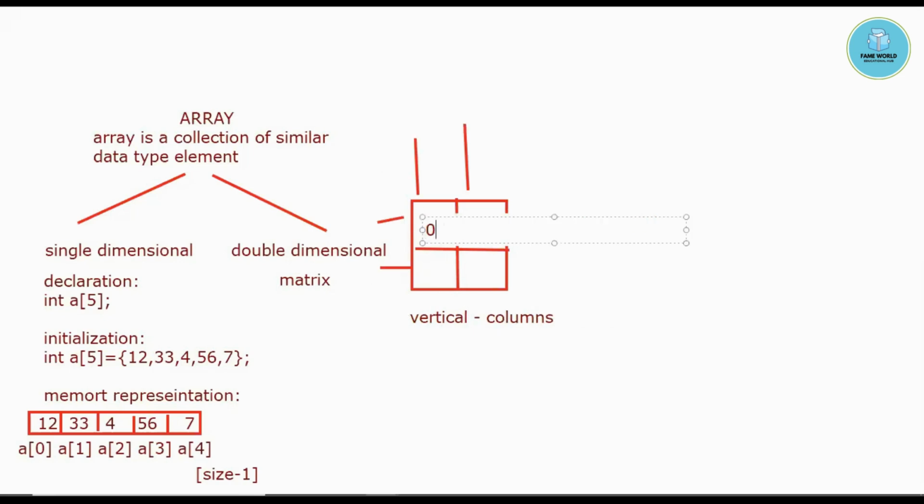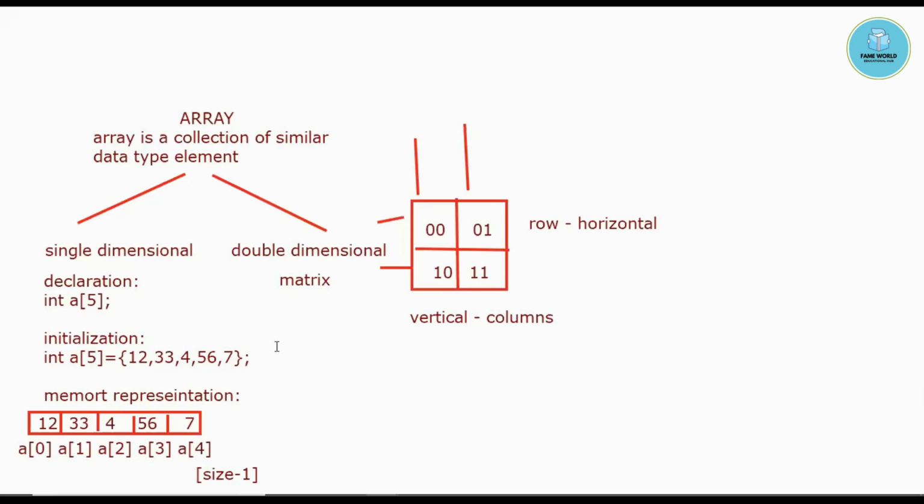So this is the 0th row and 0th column, this is 0th row and first column, this is first row and 0th column, and this is first row and first column. This way we represent the matrix in matrix format, the combination of row and column.